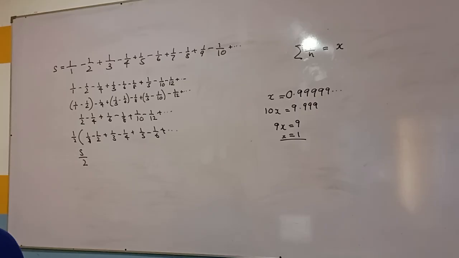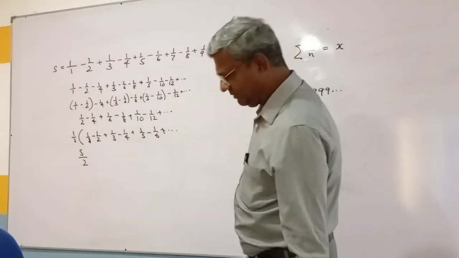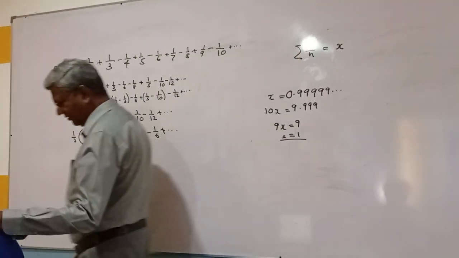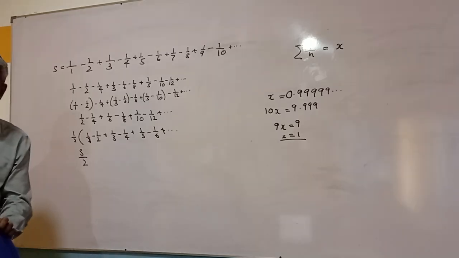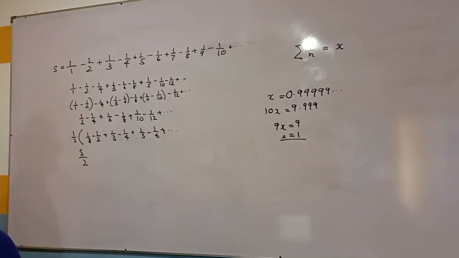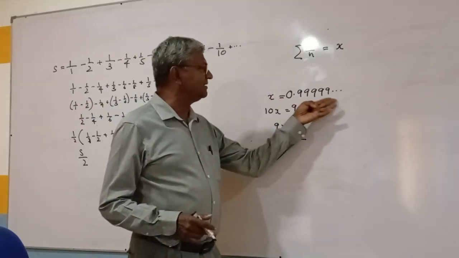I mean, we should not do this method. Remember, if you do it this way, you can run into false conclusions. According to the first chapter, how do we know that this is a real number?